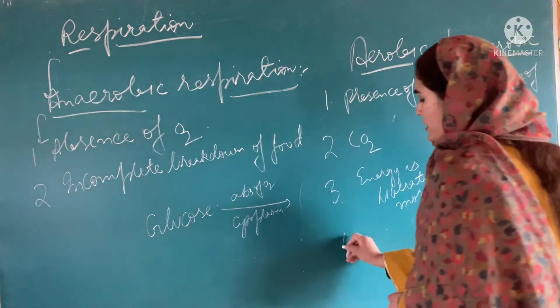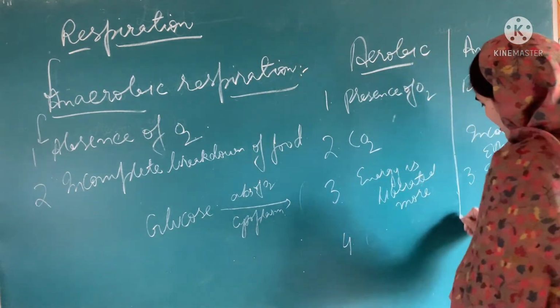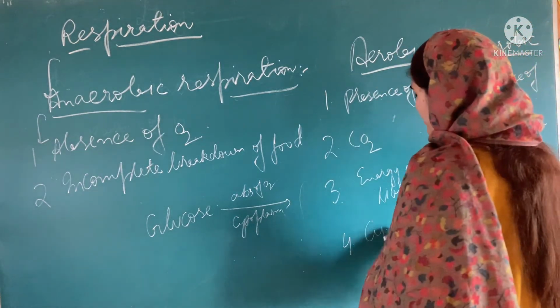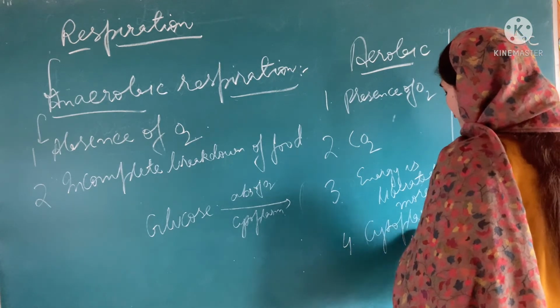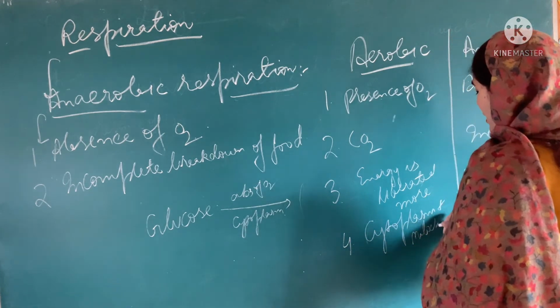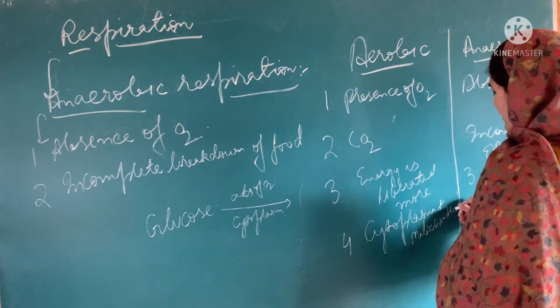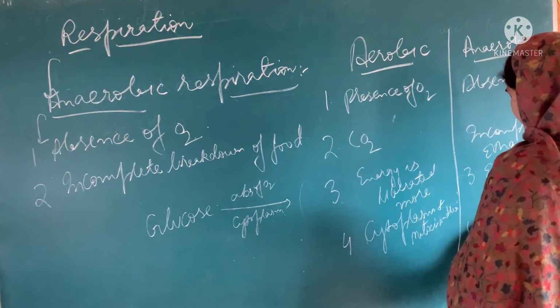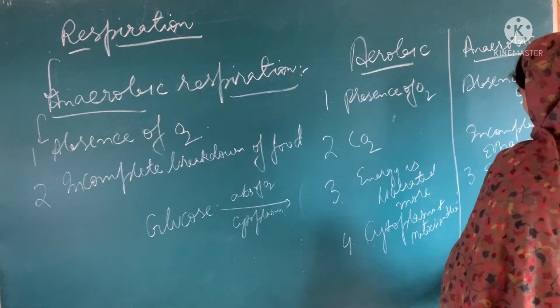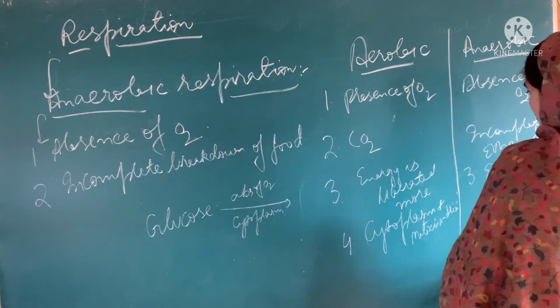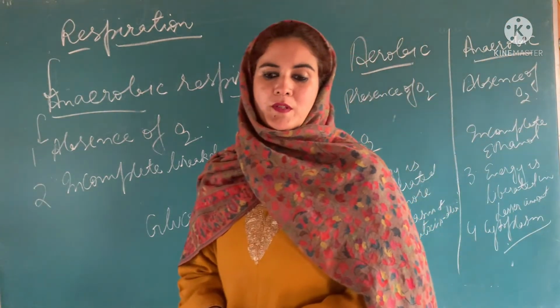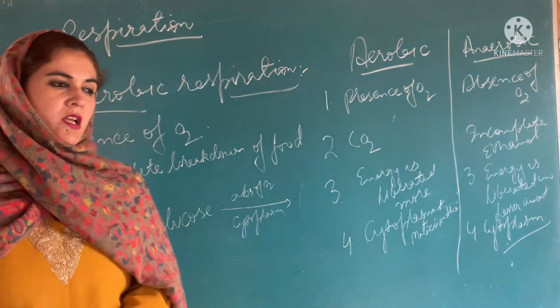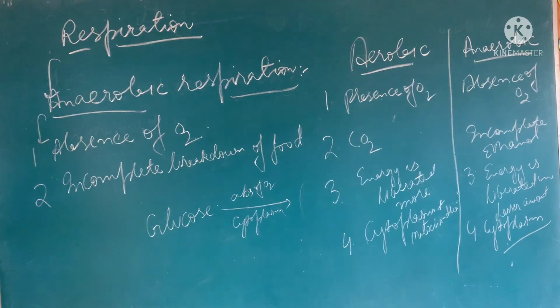Then fourth point, aerobic respiration occurs in cytoplasm and mitochondria, but anaerobic occurs only in cytoplasm. So these are basically the differences between aerobic and anaerobic respiration.